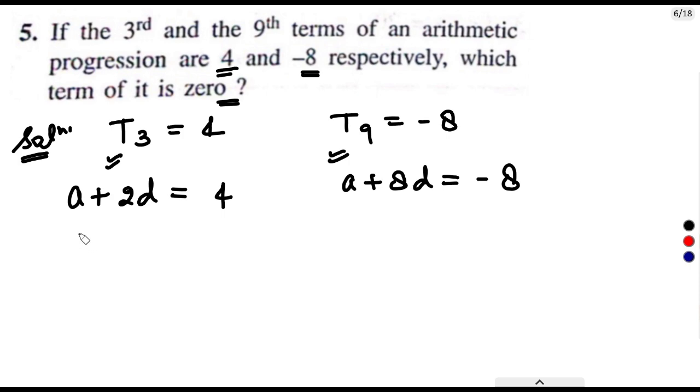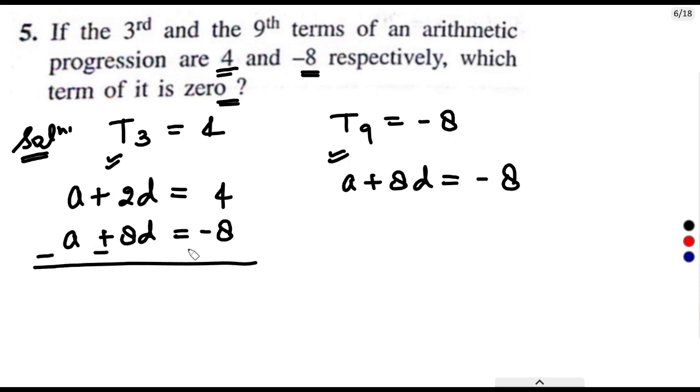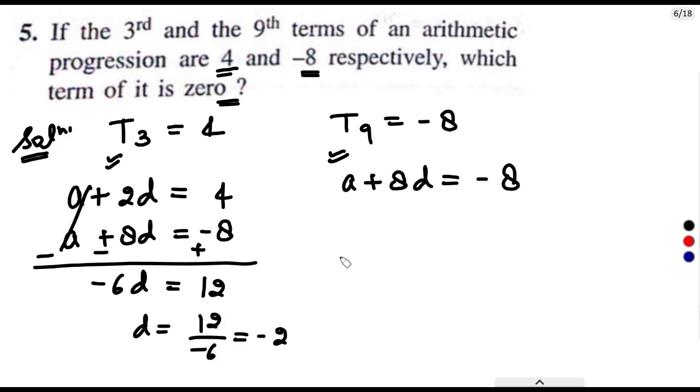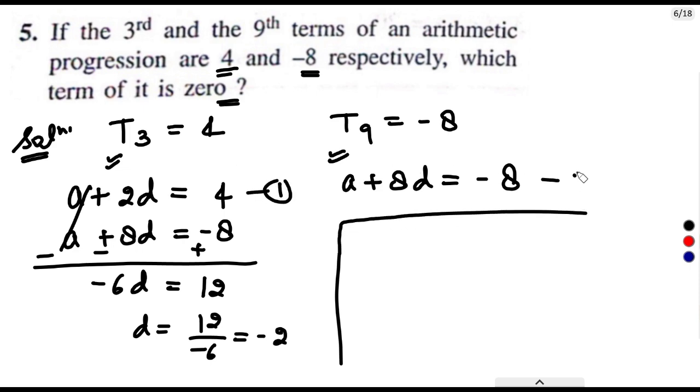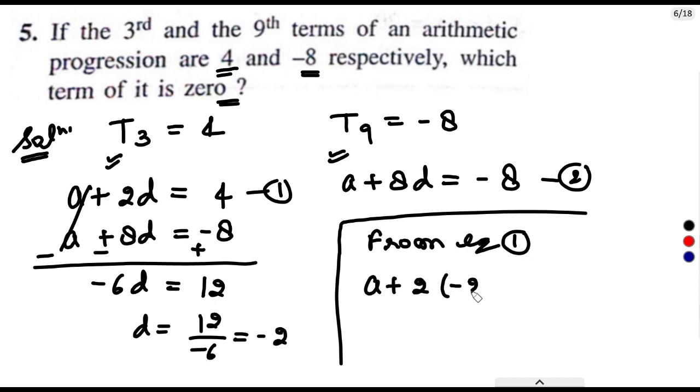We will get the value of a and d. D is equal to minus 2. Now substitute this value of d either in equation 1 or in 2. From equation 1, substituting minus 2 in place of d, a is equal to 8.